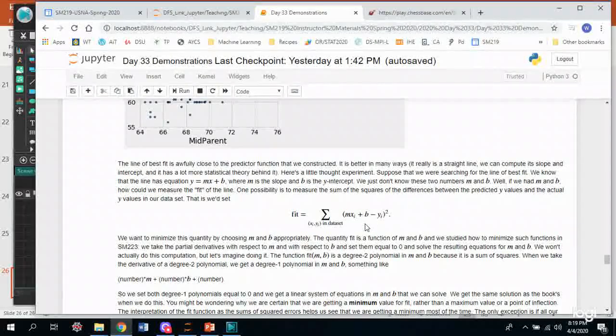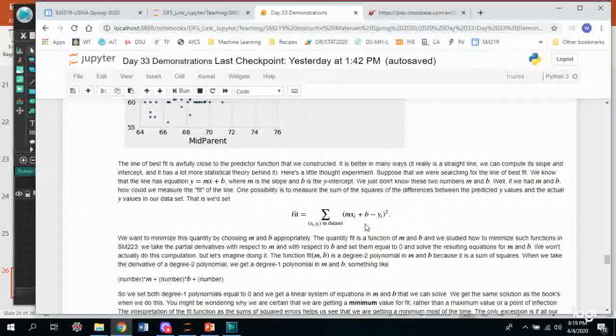So fit is a degree 2 function of m and b, and we know how to find the minimum of a function of two variables from SM223 or maybe SM221 when you took those classes at the Naval Academy. You would take the partial derivatives of this function with respect to each of the variables and set those partial derivatives equal to 0 and solve. And that would give you your critical points, right?